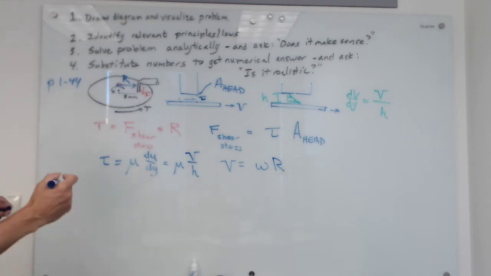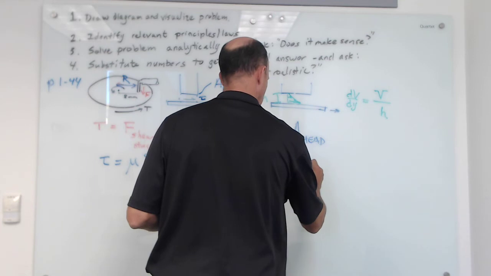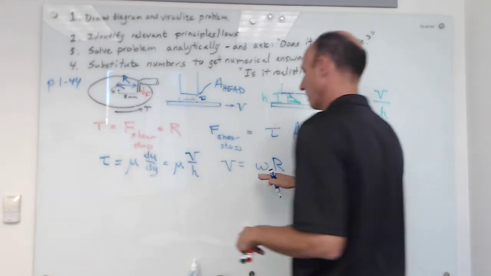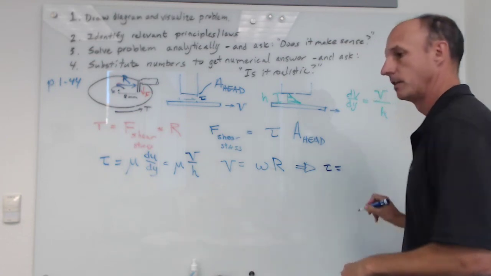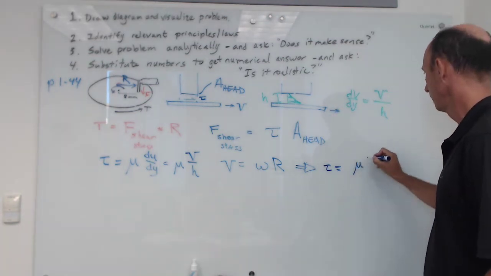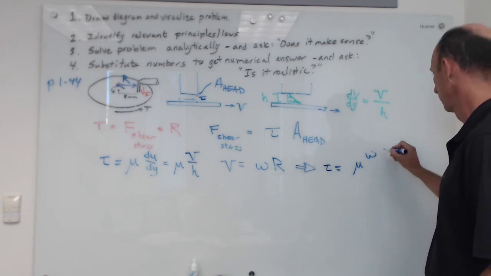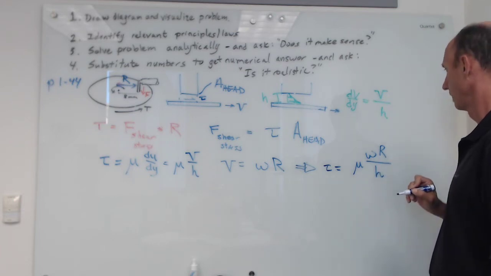We can start by saying that we take these two lines, combine this one, and we get the shear stress is going to be equal to mu times omega times r divided by h, okay?